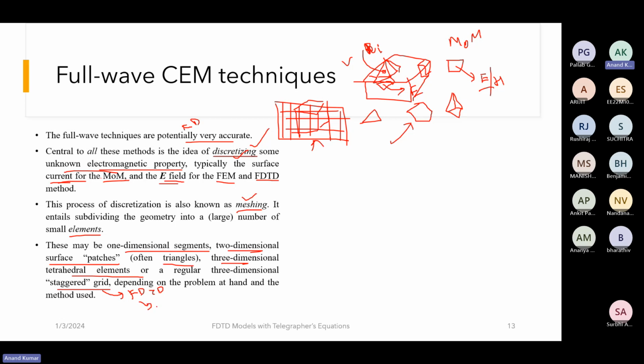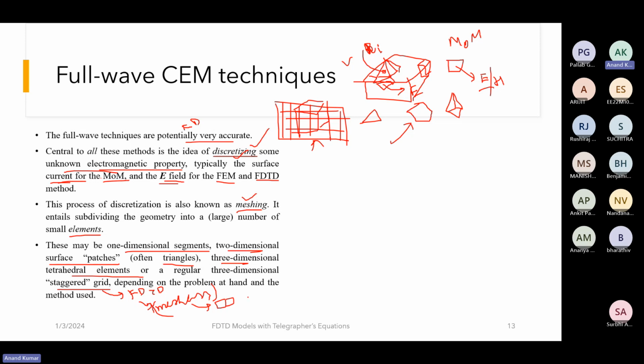FDTD is actually a meshless method, because typically you don't discretize the object. You basically divide the whole region into small spaces.